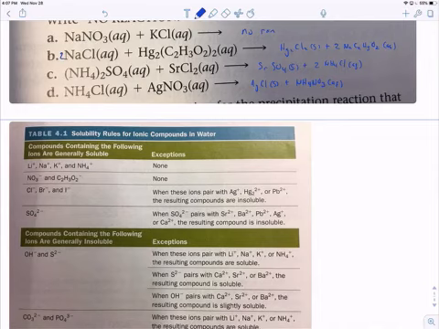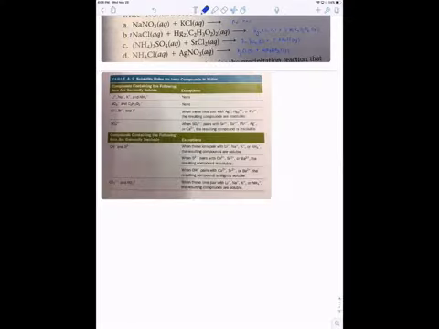It's Hg2. So Hg2Cl2. But that's just a little eliminating point.